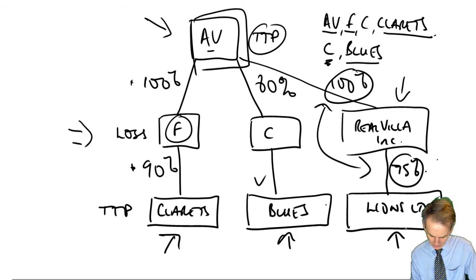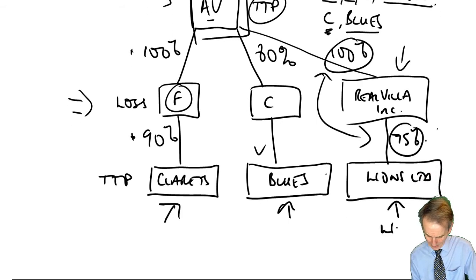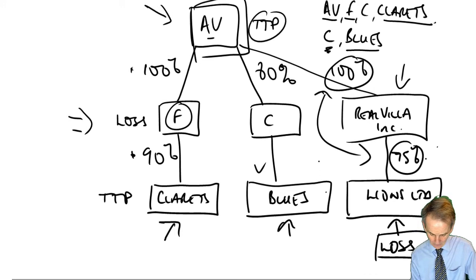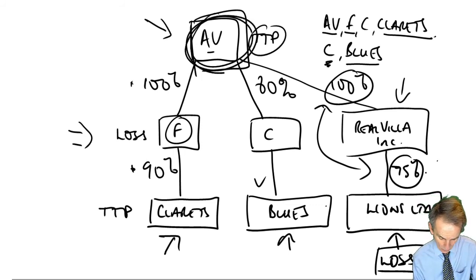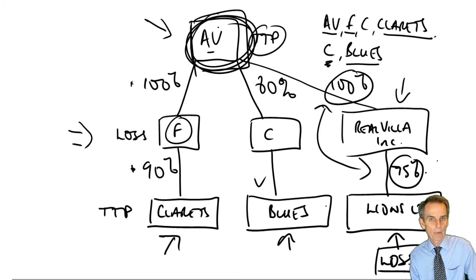So if Lions Limited were to make a loss, then that loss could and would be, if we choose to make the claim, group relieved against any of AV Group's group companies for purposes of group relief. AV was in a group with F, C, and Clarets.